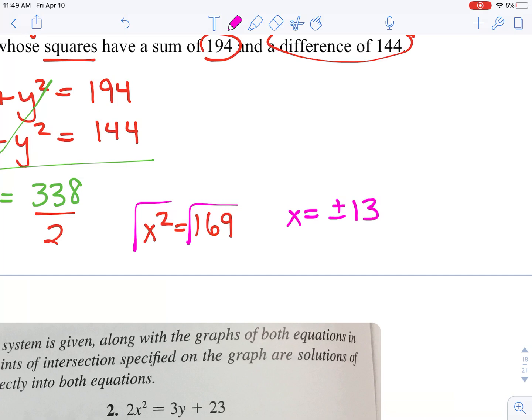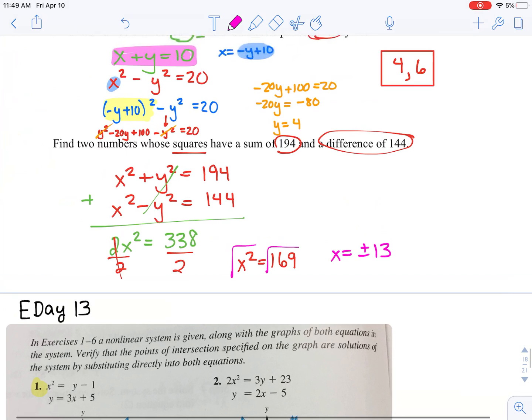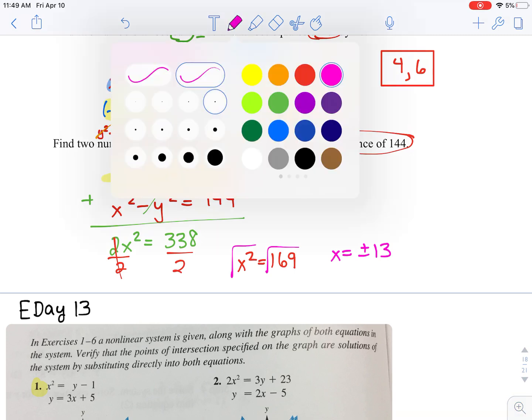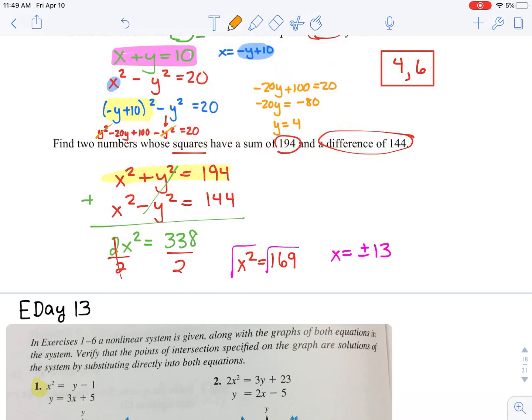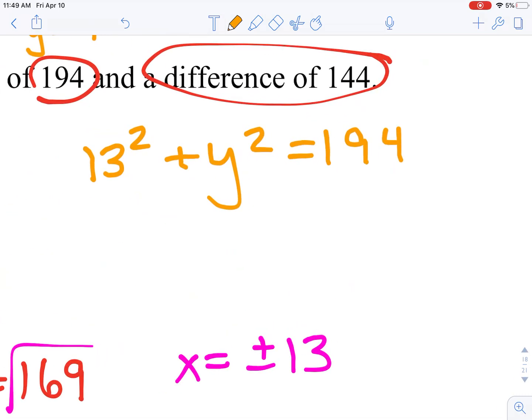So now we want to come up with our different combinations. We know our x's are positive and negative 13. And I'm going to come to the very first equation that we had here, and I'm going to replace my x squared. So we got 13 squared plus y squared equals 194.